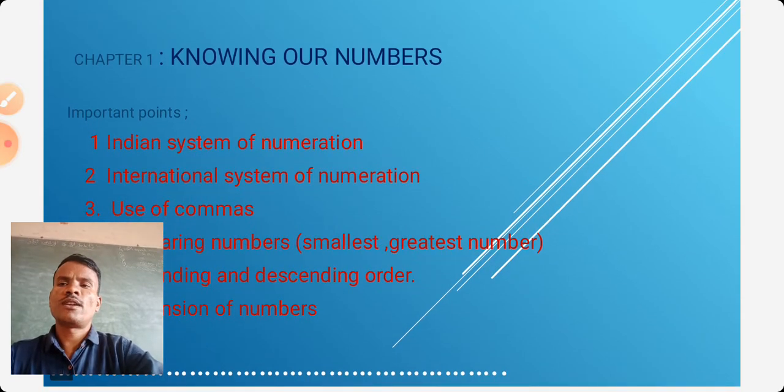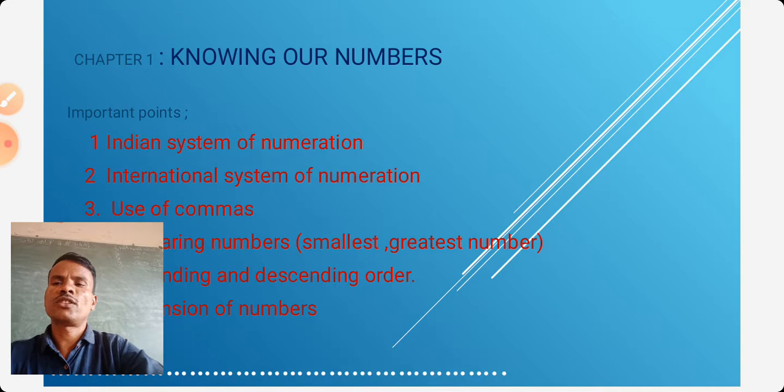The subject is Mathematics, Class 6, Chapter Knowing Our Numbers. First, we have to understand the competencies of the chapter Knowing Our Numbers. First, Indian System of Numeration or Indian Number System. Second, International System of Numeration.